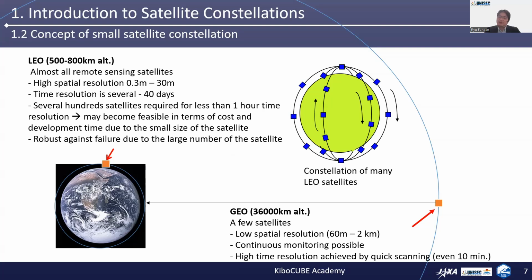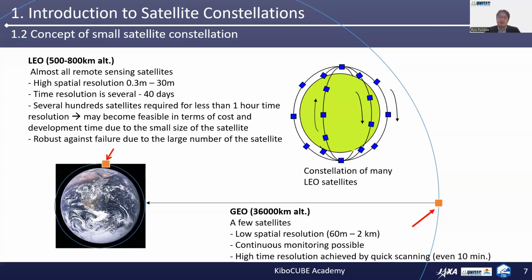Although the number of satellites increases to achieve high temporal resolution or spatial coverage, the cost of developing and launching many satellites can be kept within a realistic range because high performance in terms of spatial resolution can be achieved even with small satellites. This system consists of a large number of satellites, which makes it robust against satellite failures and highly compatible with the style of small satellites, in which satellites are repeatedly launched and improved based on experience.